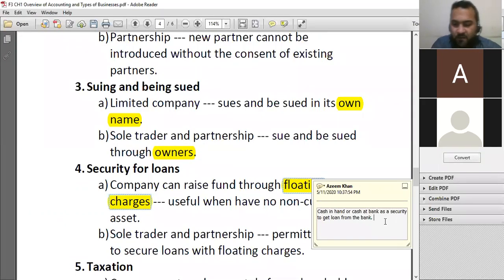For example, we have 1 million cash in the account, taking a loan from the bank for 5 lakh.